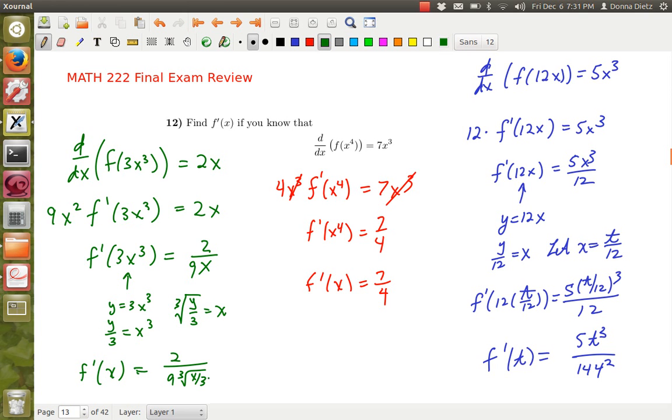There's a lot of simplification you can do, but you don't have to. The important thing is that you know the process. And I don't care if at the end you want to call this the letter T. It doesn't matter, right? If you prefer to use different letters as you're doing this, I don't care. But the important thing is that you find f prime with respect to a single variable.